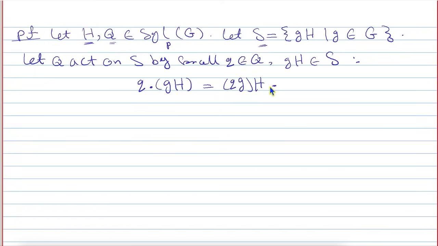Okay, so this is the group action we are going to use, action by left multiplication. Now we define our S naught. Let S naught equal the set of all left cosets gH in S such that gH is fixed by all Q elements.